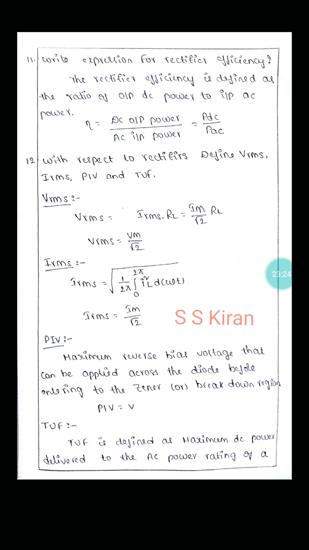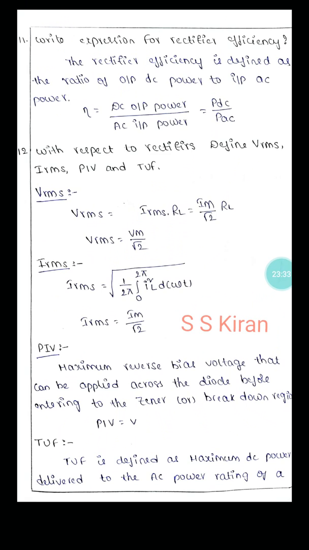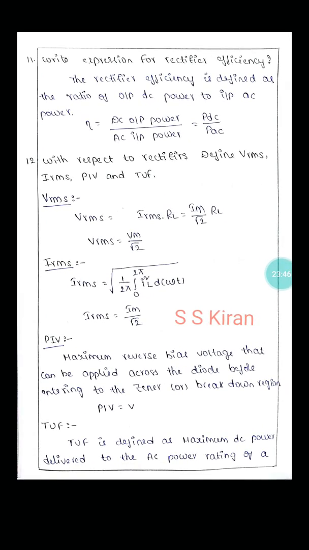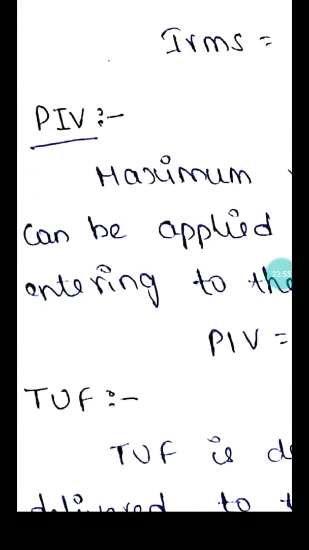Now what about PIV? PIV stands for peak inverse voltage. The common definition: the maximum reverse bias voltage that can be applied across the diode before it enters the Zener or breakdown region. That is the PIV. Next, TUF stands for transformer utilization factor.